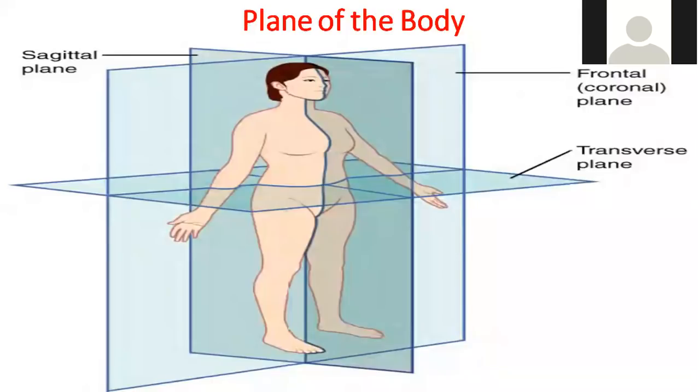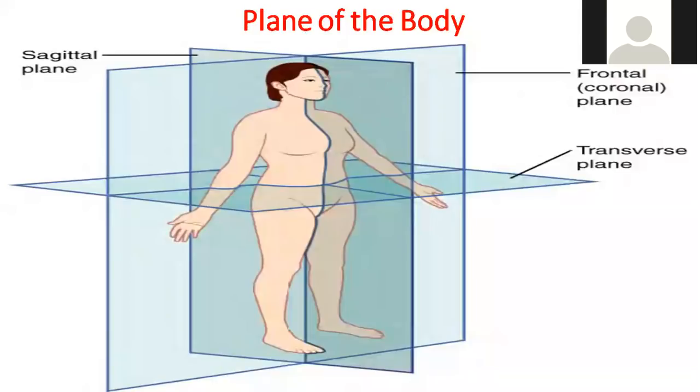Now, let me quickly tell you what each of those planes means. Just like I said, the body planes are imaginary surfaces or lines that divide the body into sections. So when we talk about planes, they are just imaginary.